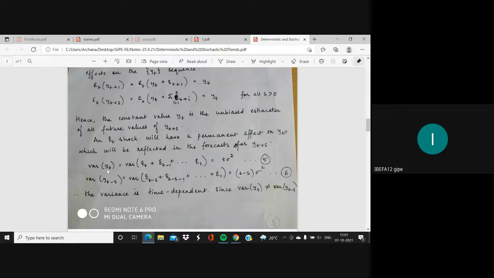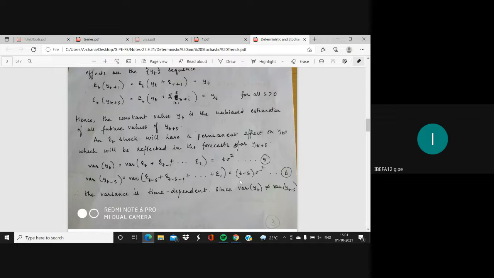If you find the variance of yt and yt minus s, you will find that the variance keeps changing with the passage of time. If you calculate the variance for yt itself, the variance is dependent on time. You get the value t times sigma square for the variance of yt. Now for the variance of yt minus s, you'll find that the variance is t minus s times sigma square, since there are t minus s of these error terms.